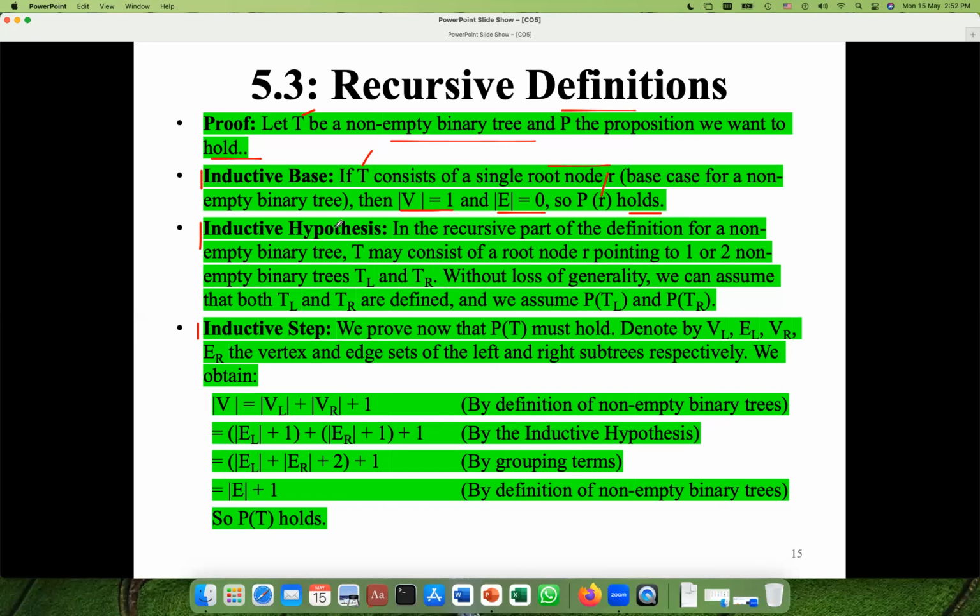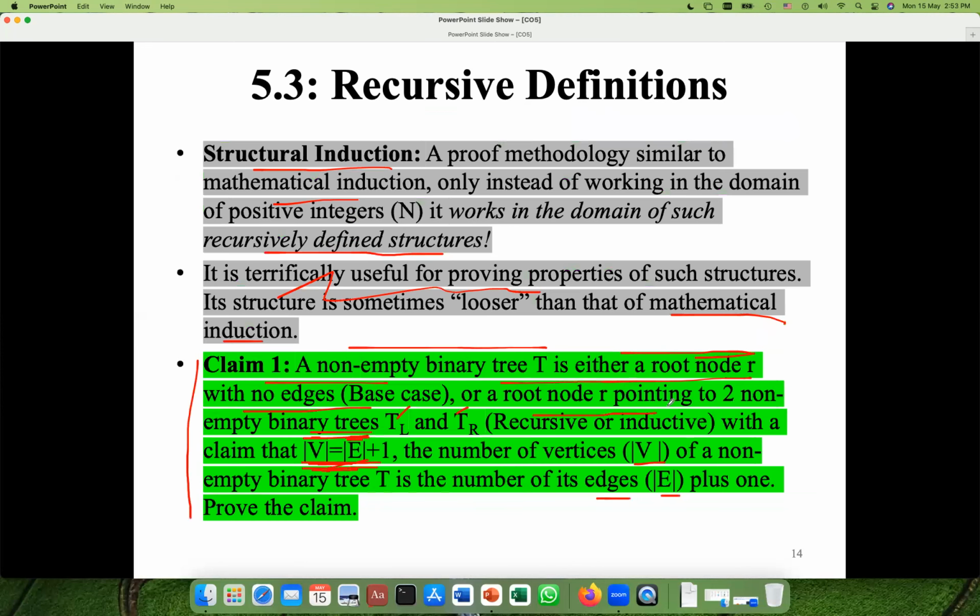So now this is something recursive. In the recursive part of the definition, for a non-empty tree T, T may consist of a root node R pointing to two binary trees, TL and TR.